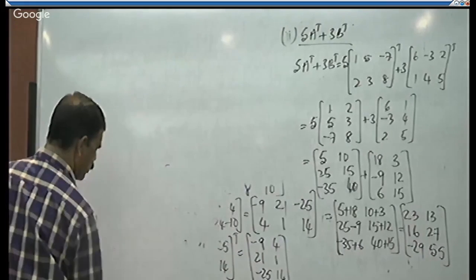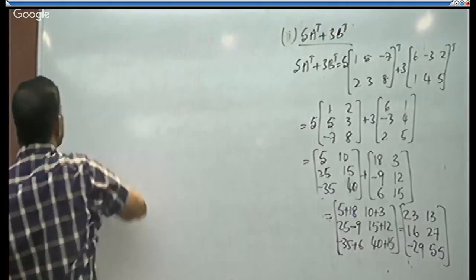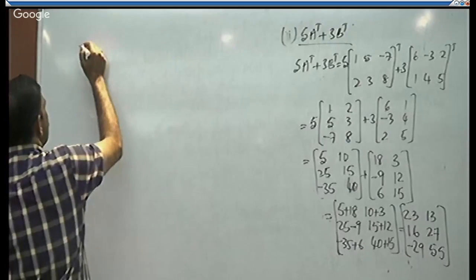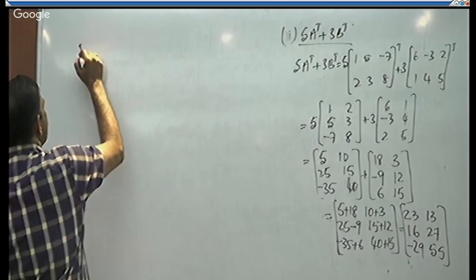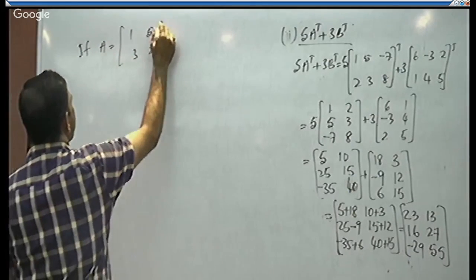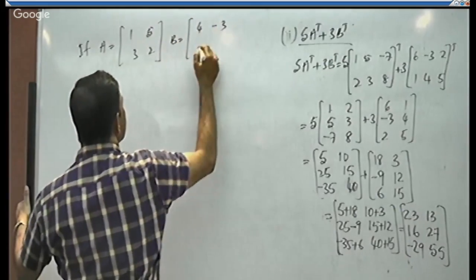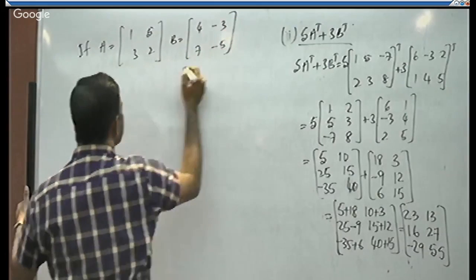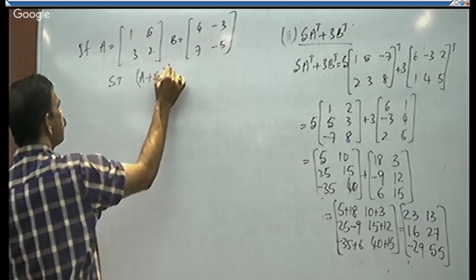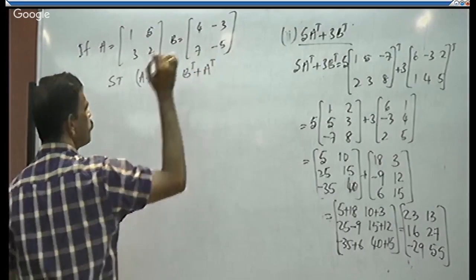I can take one more example to verify the property. If A is equal to 1, 5, 3, 2, B is equal to 4, minus 3, 7, minus 5, then show that A plus B whole transpose is equal to B transpose plus A transpose.